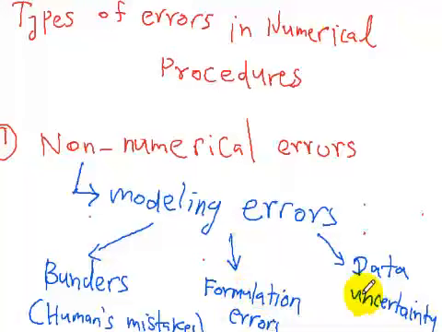And the other one is errors in input data. The input information could be data coming from some measuring device. For instance, suppose you have a road and you want to measure the length of that road.